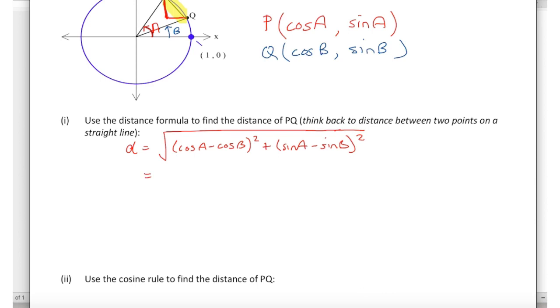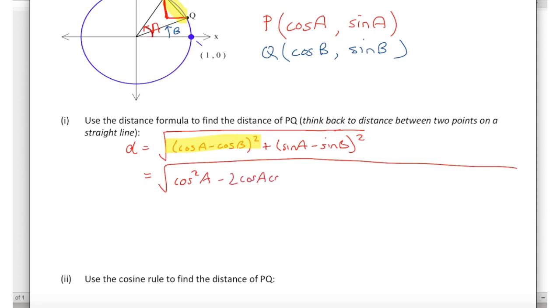Then we're going to have to use some algebra, so I'm going to expand this. We've got cos squared A take 2 cos A times cos B plus cos squared B, and sine squared A take 2 sine A sine B plus sine squared B.